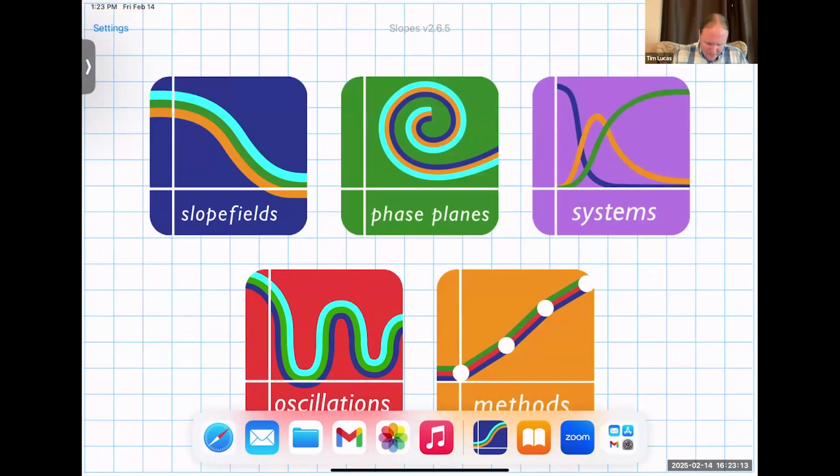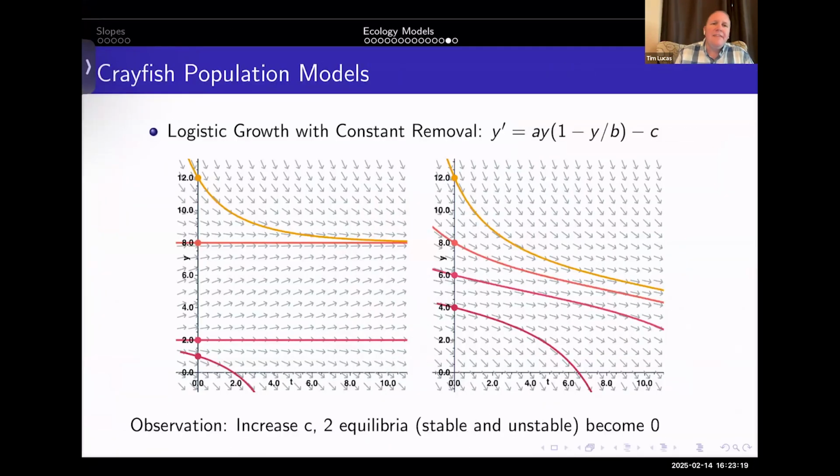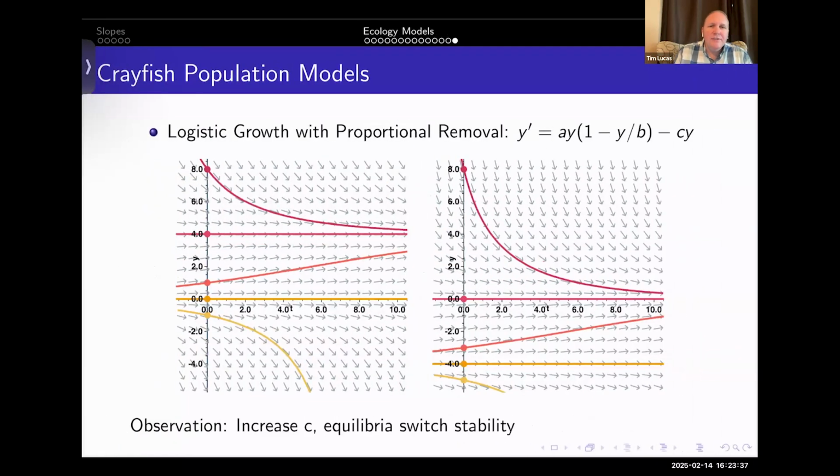I took too long on a couple things, so I'm just going to mention that you can do some exploration of bifurcations. Again, seeing that if you increase the trapping constant, you can find the bifurcation point where there's one equilibrium and then they disappear. You can also do this with a proportional rate of removal of crayfish instead of a constant rate.